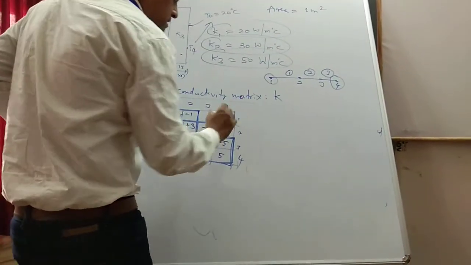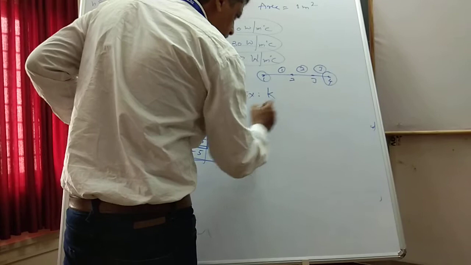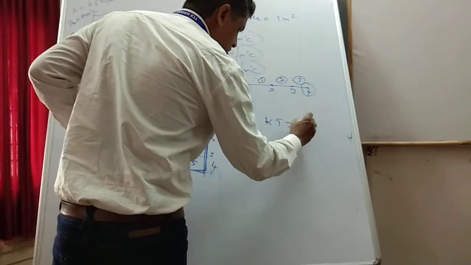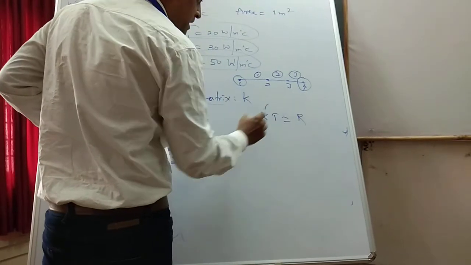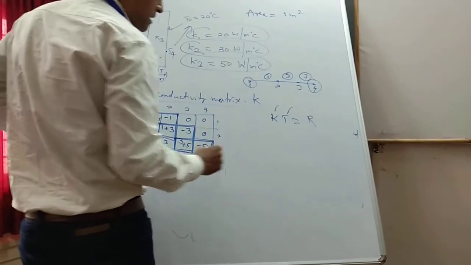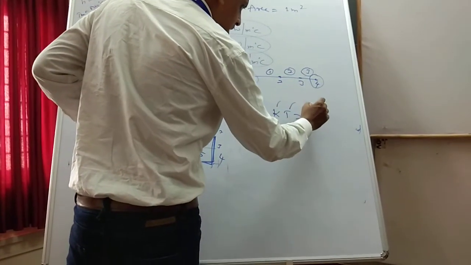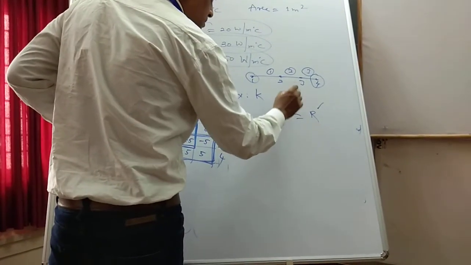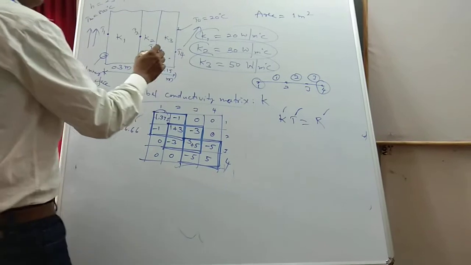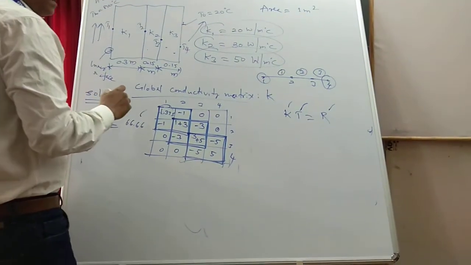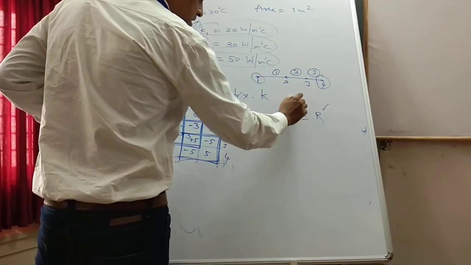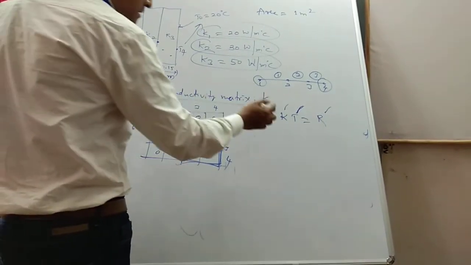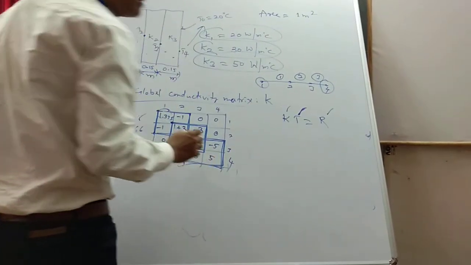The global equilibrium equation for this heat transfer analysis is K into T equal to R, where K is the global conductivity matrix, T is the temperature and R is the heat rate vector. Temperature is the field variable for these heat transfer problems, so that we can predict the behavior of the entire system in heat transfer by using the field variable, that is temperature.